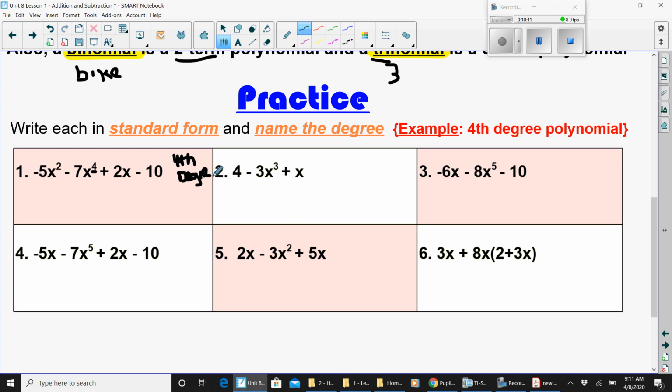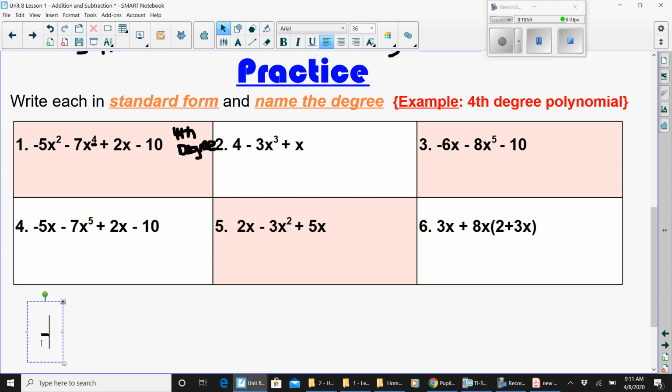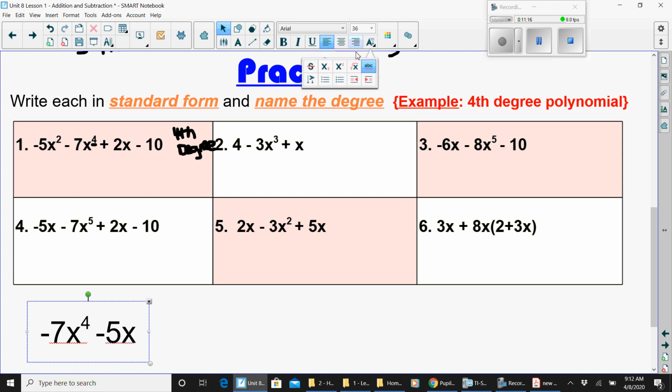You still have to put it in order now. To put this in order, you're going to write negative 7x to the fourth. And then the next one would be negative 5x squared.